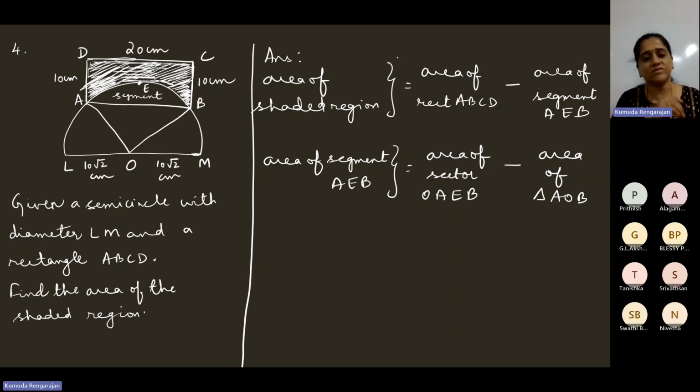So how to find the area of the segment? Area of the segment is area of the sector OAEB minus the area of the triangle.